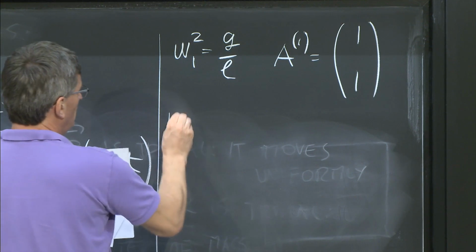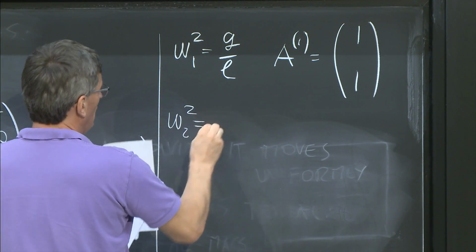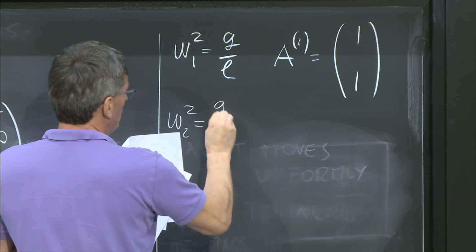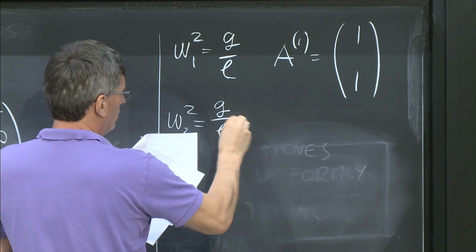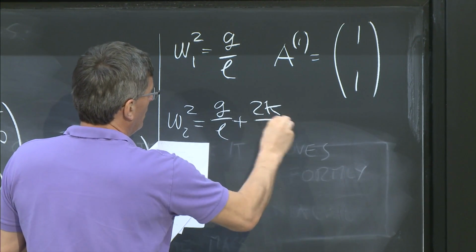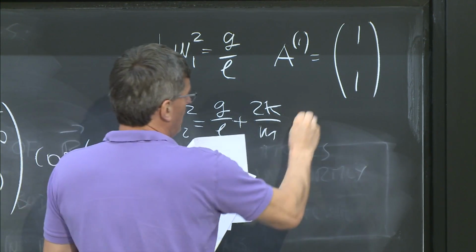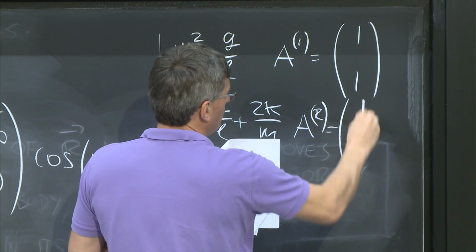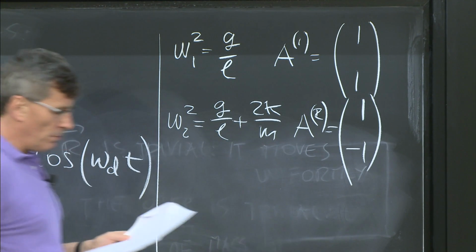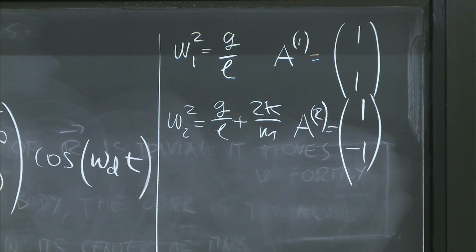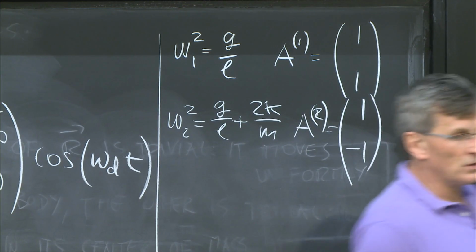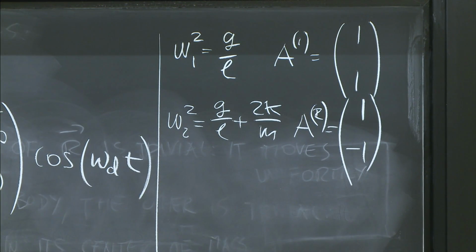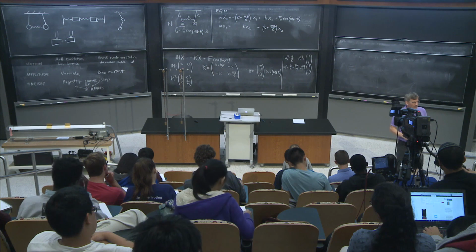There was a second frequency, whose square was equal to g over L plus 2K over M. And this was the characteristic normal frequency for the second type of oscillation, which we can write as 1, minus 1.